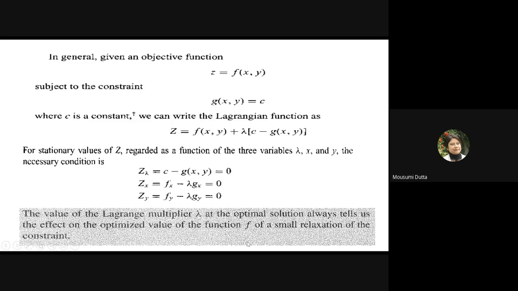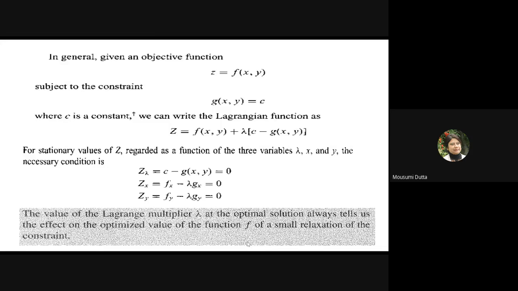Now, Lagrange did a wonderful job. It's a revolutionary mathematical development. Given several functions, how the functions can be joined and presented by a new transformed objective function. The original objective function is z is equal to f of xy.